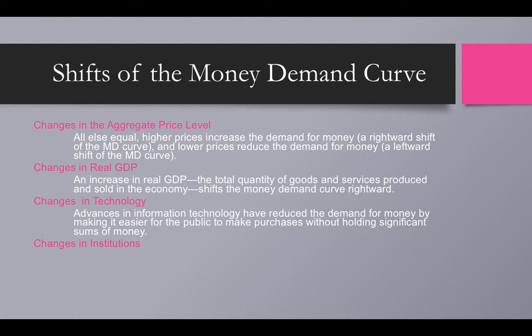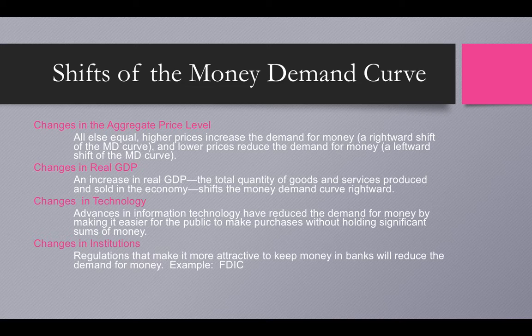Changes in technology. With the advent of debit cards, credit cards, PayPal, Venmo, people don't need as much cash. And so when technology allows you to buy things without cash, the money demand curve is going to shift to the left. And then finally, changes in institutions.